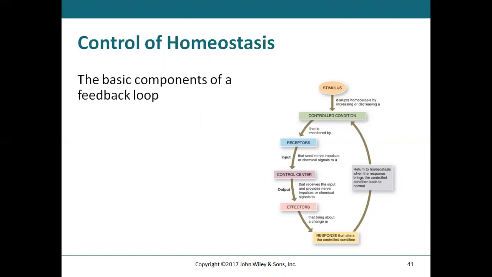So we talked a little bit about this particular slide already, where you have some kind of stimulus that disrupts homeostasis by increasing or decreasing some type of environmental stimuli, and that controlled condition gets disrupted. So you always are going to have receptors that are expressed on the surface of different cells and tissues.